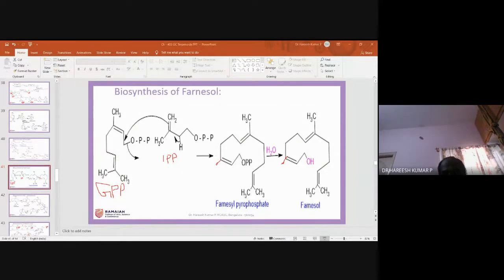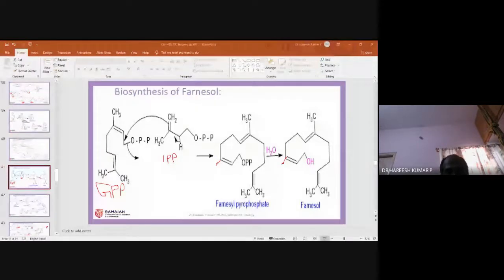An intermediate called farnesyl pyrophosphate is obtained. This farnesyl pyrophosphate on hydrolysis gives rise to farnesol. So this is how the farnesol is obtained from the geranyl pyrophosphate. So with this, I will go to the next slide.